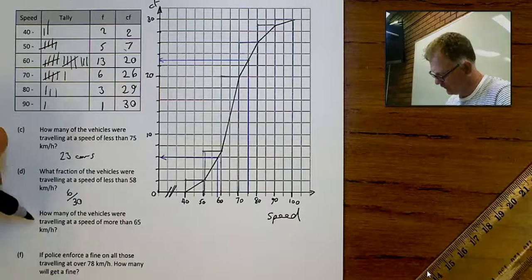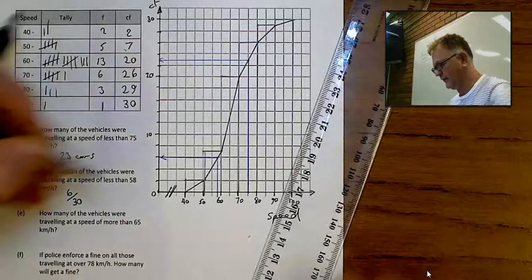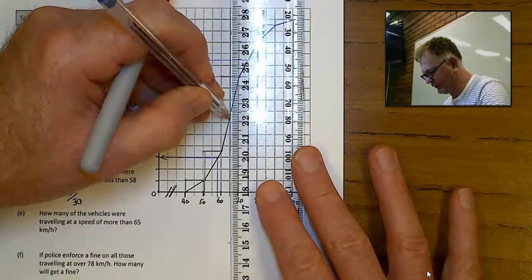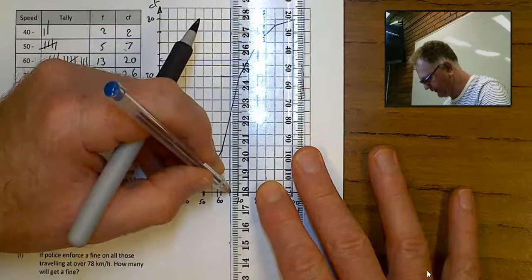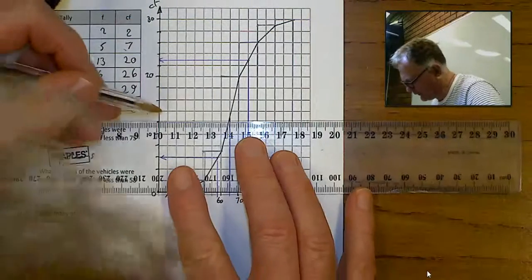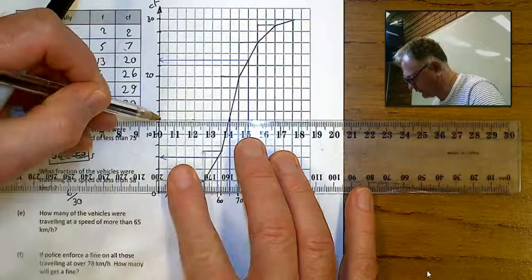How many of the vehicles were travelling at a speed of more than 65? Well, remember, the ogive always gives you information about the number travelling a particular speed or less, so we have to be a bit careful here. So if we go up to 65 and go along, now incidentally it doesn't make any difference to your ogive because we're working with a continuous variable.